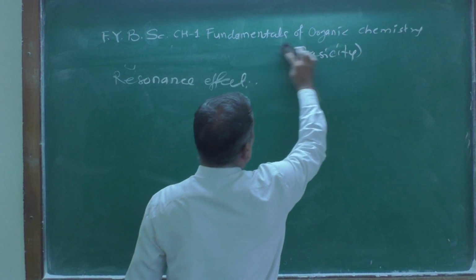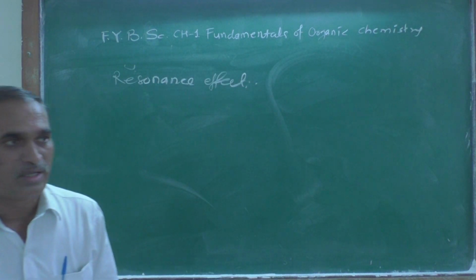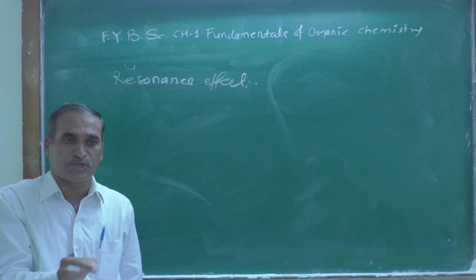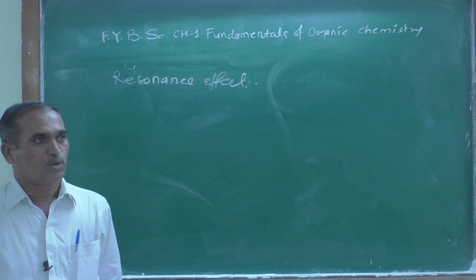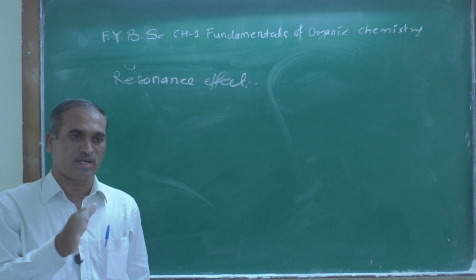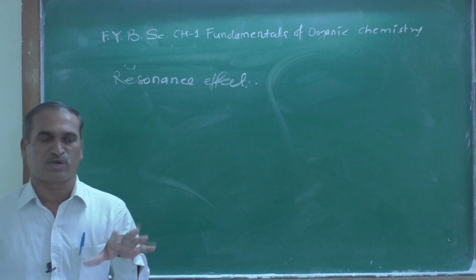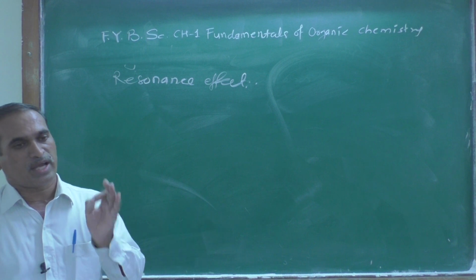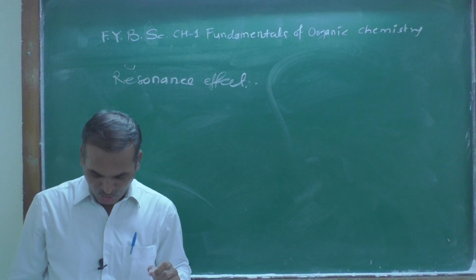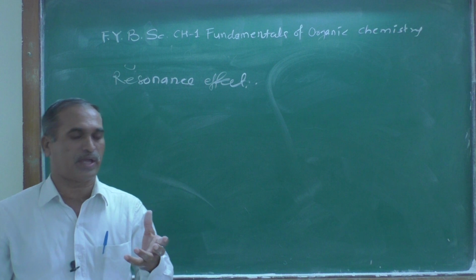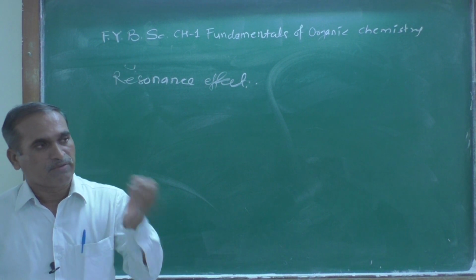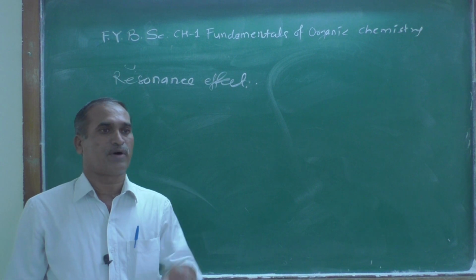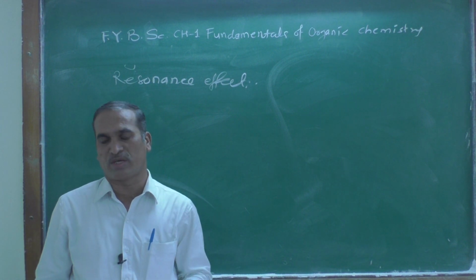And as we know, resonance effect means what? The redistribution of electrons operating in an unsaturated system via pi bond is known as the resonance effect. And normally the resonance effect is divided into two types, or there are two types of resonance effect.